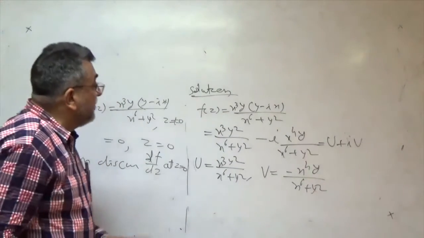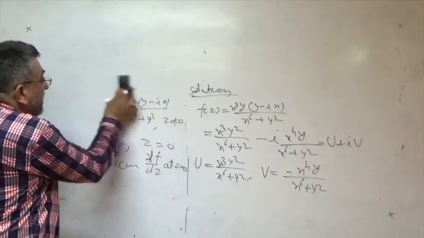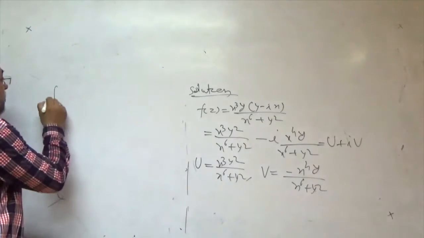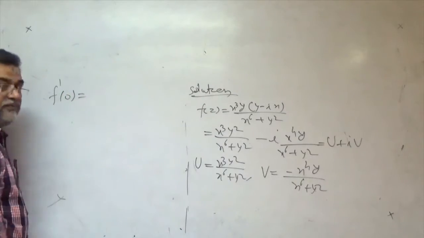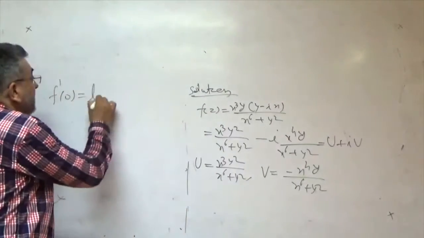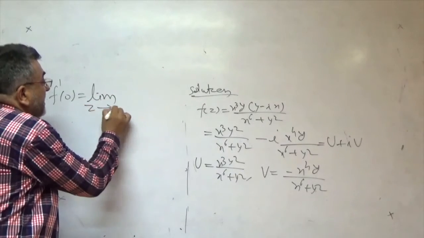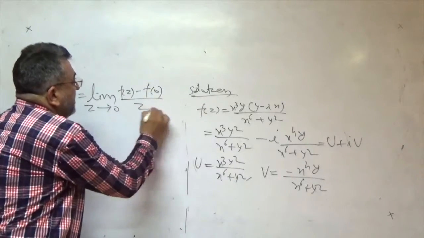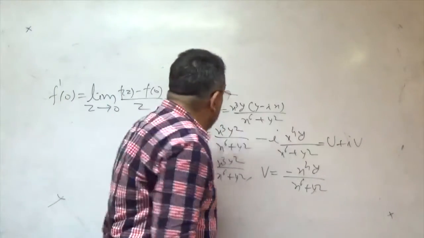Now for differentiability, we have to check the limit at 0. For that we have to calculate f dash 0. What is the definition? I told you, it is the limit as z tends to 0 of f(z) minus f(0) upon z. This is the formula of differentiability.